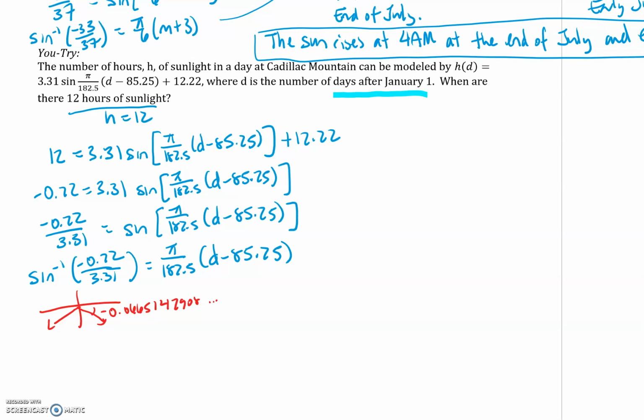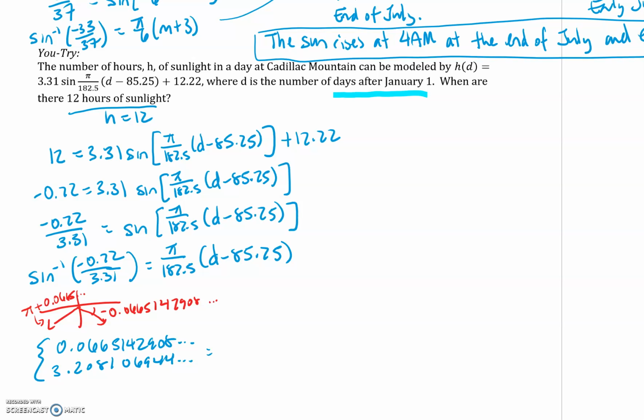So if we want to figure out what that reflection is here on the left, remember this is pi, and we're going to add the reference angle to it. So this will be pi plus 0.0665, etc. So my two possibilities here for the inverse sine of negative 0.22 over 3.31 are negative 0.0665142908, and it kind of goes on, or when I put that in and add pi to it, I get 3.208106944, etc. So we have two possible answers.